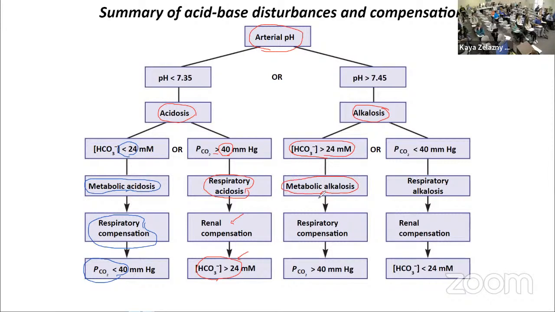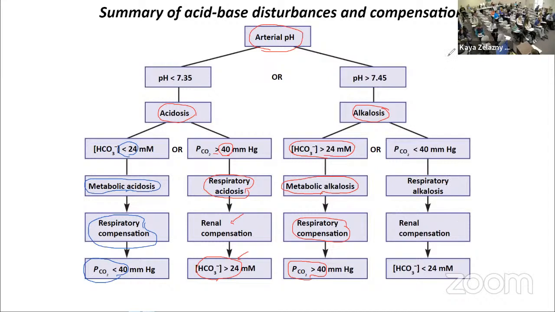Okay, so that would be metabolic alkalosis, in which case your lungs would compensate. Your lungs would compensate by increasing carbon dioxide, bringing that PCO2 up. So we could do that by breathing slower, keeping that carbon dioxide around longer.